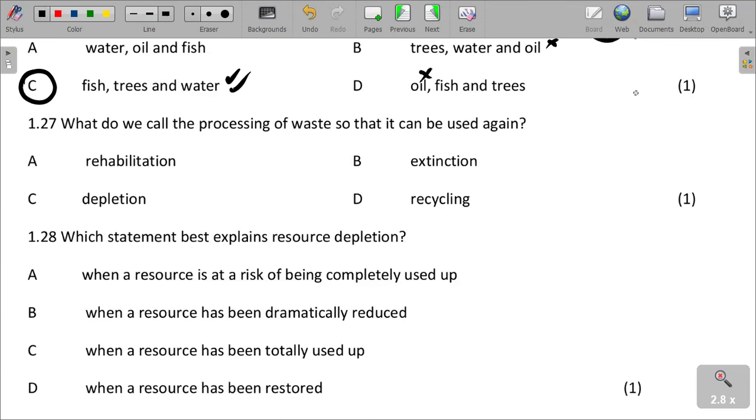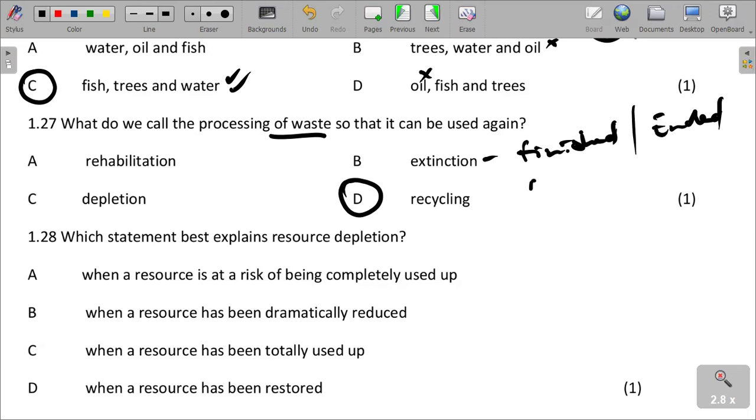What do we call the processing of waste so that it can be used again? It's recycling. Recycling is the processing of waste. We talk about water, plastic and various metals. We can say they can be recycled. Extinction is finished. When you say something is extinct, it has ended, no longer existing.